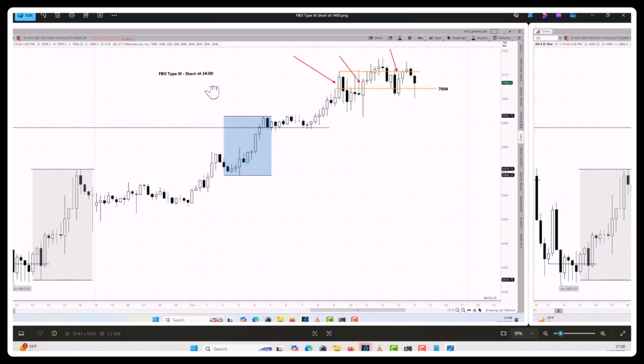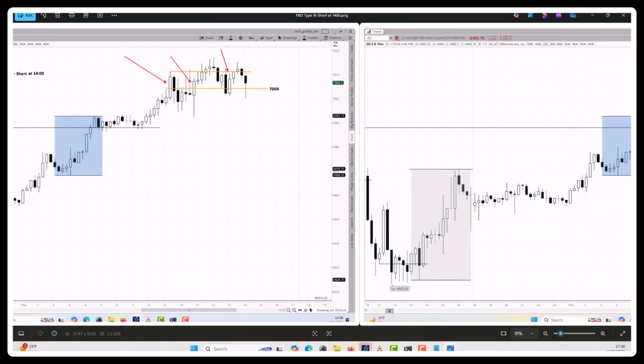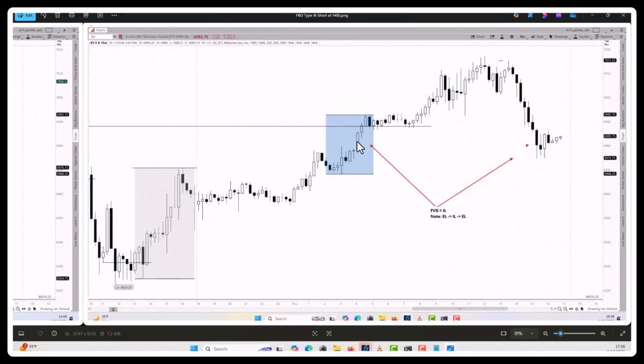It's a short setup at 2 PM at this level right there. And the target is right there, the fair value gap, internal liquidity. So remember, liquidity moves from external to internal and then goes back to external. It may go to another level right here before it goes back to internal. So let's see how Friday plays out for us.